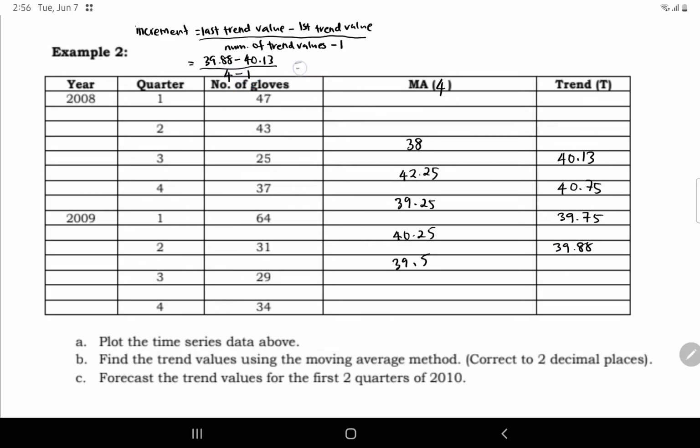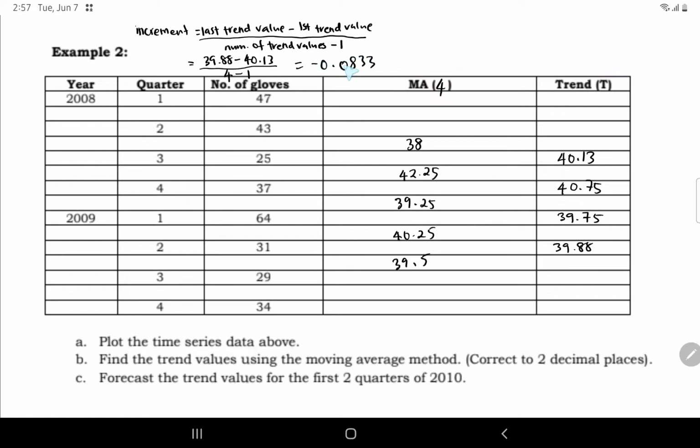Tolak dengan 1. Okay, so our increment is 39.88 minus 40.13 divide by 4 minus 1, which is 3. So the answer is negative 0.0833.